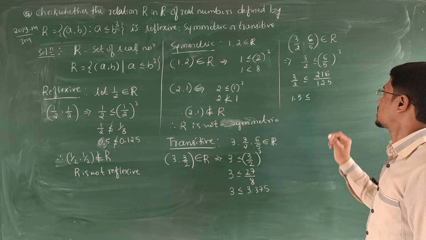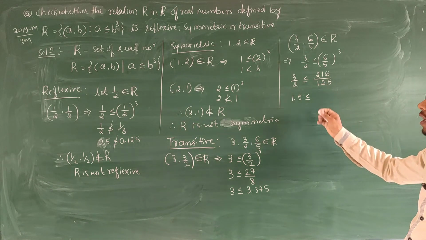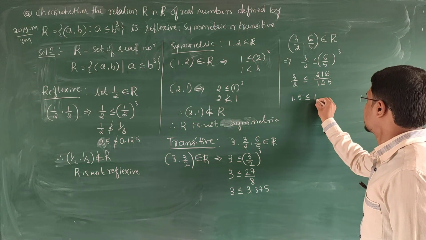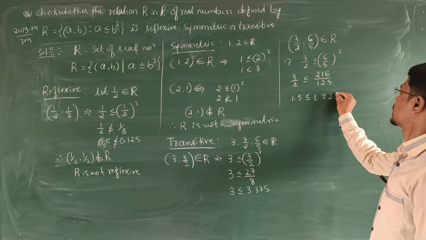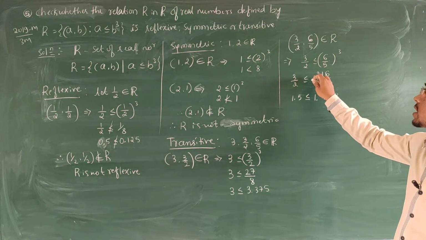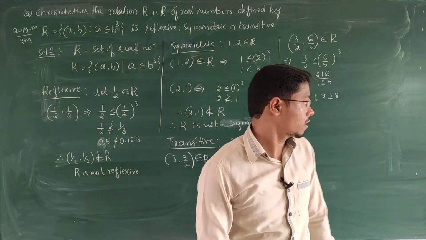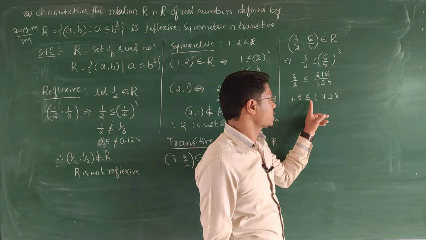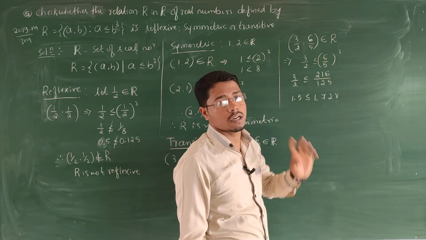It is less than or equal to 216 divided by 125, which is 1.728. So 1.5 is less than 1.728. Therefore 3 by 2 comma 6 by 5 belongs to R.